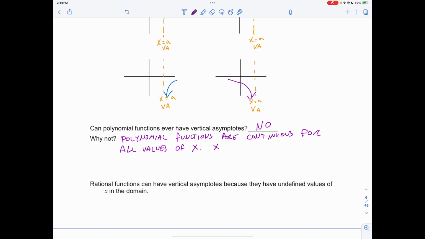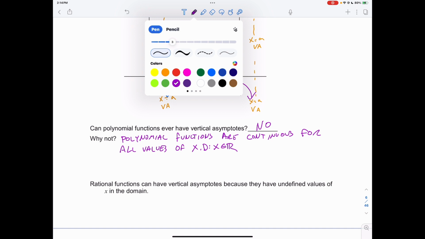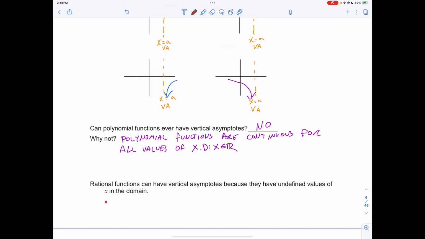We know they just have that domain of x ∈ ℝ. Rational functions can have vertical asymptotes because they have undefined values of x in the domain, which we often refer to as our NPVs, or non-permissible values.